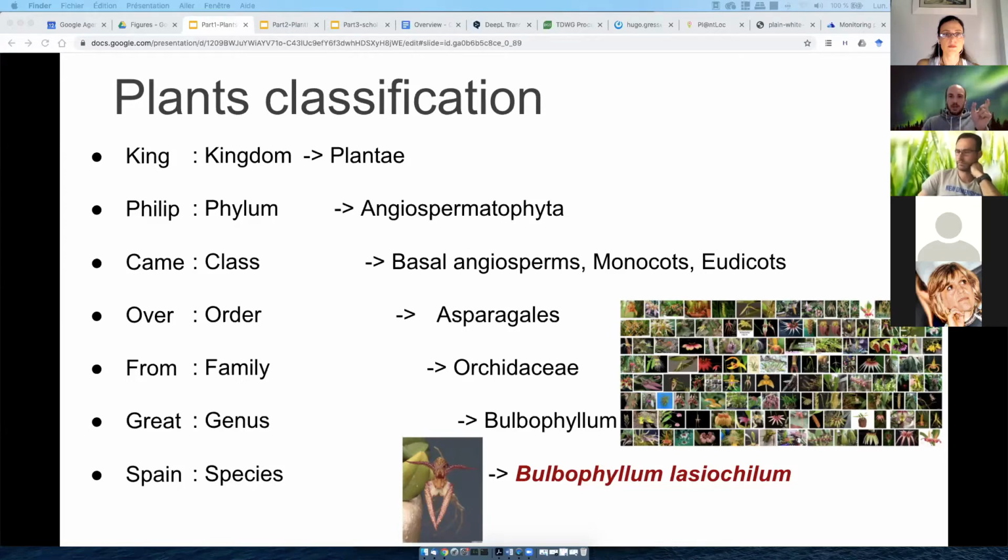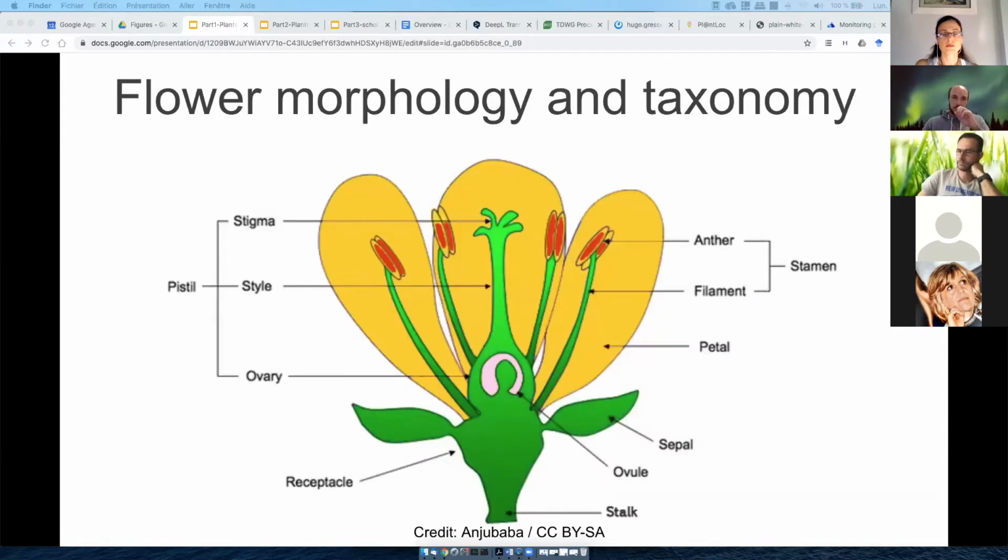Together, we call them the scientific Latin binomial name. This is the way by which we name all the plant species on Earth, a system defined a long time ago by the Swedish botanist Carl von Linné. This system is also used to name plants and fungi.